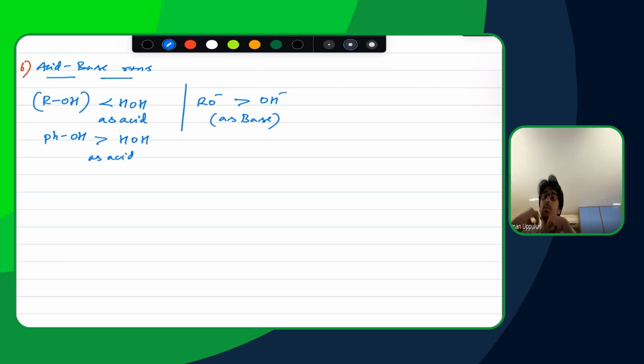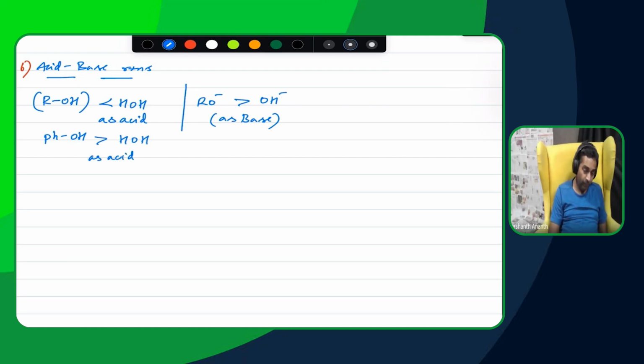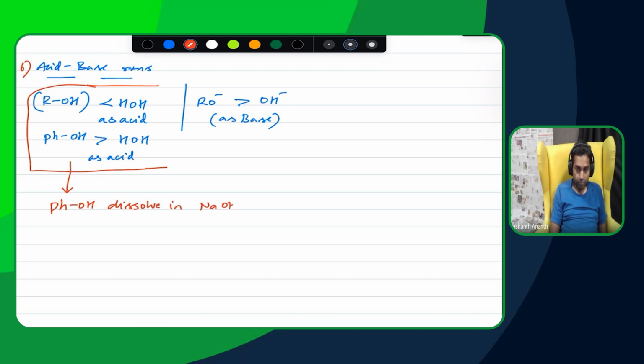Yeah, that's right. Now let us look at some reactions involving these as acids. If I have to involve these as acids, what would be the reactions then? For phenol, this will dissolve in sodium hydroxide. Why?